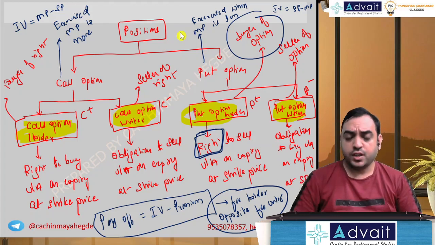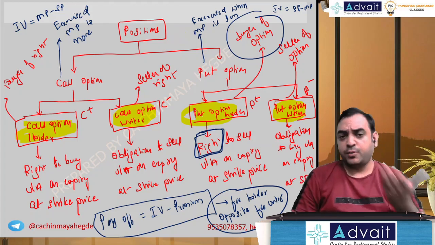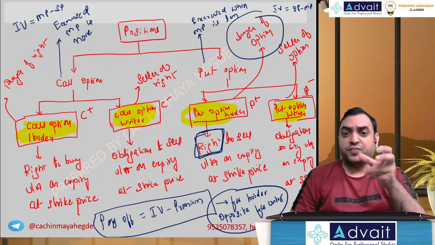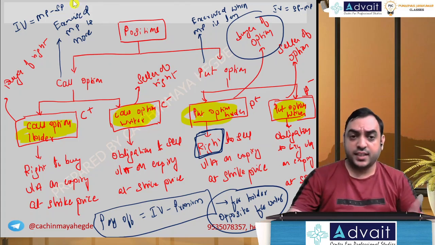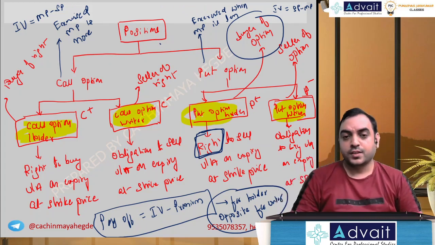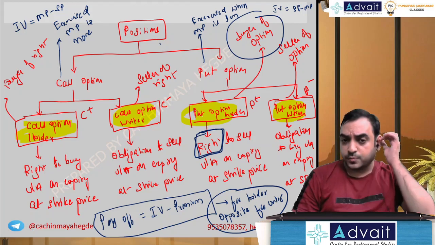And settlement can be on a delivery basis, or settlement can be on a net basis. Delivery basis means whatever the strike price, you make a payment and get the share. Net basis means the differential, market price minus strike price, that is intrinsic value, will be used for net settlement. Those things we'll understand one by one. Okay, hope you are able to understand the basic terms.